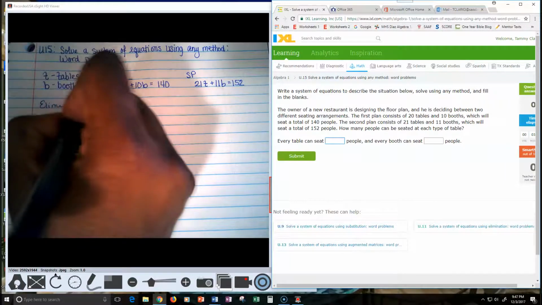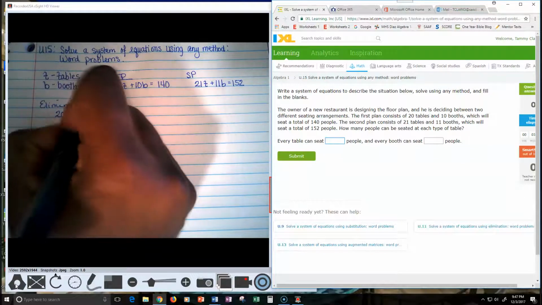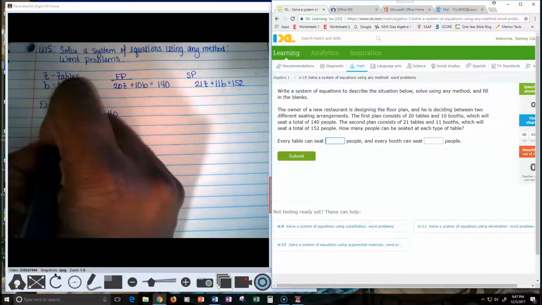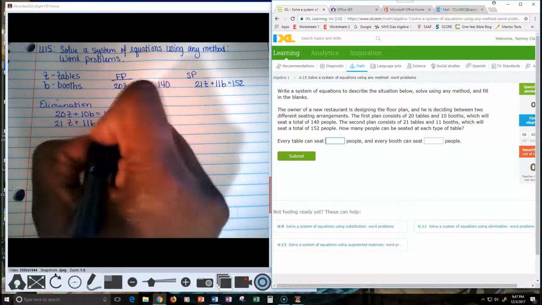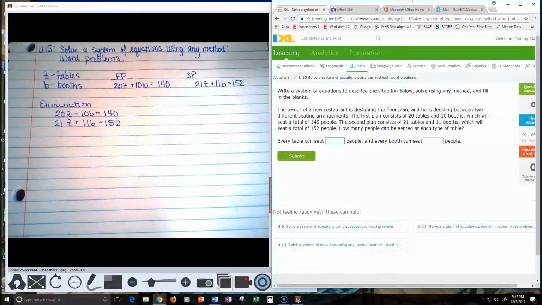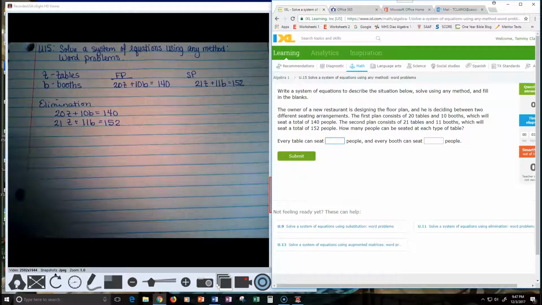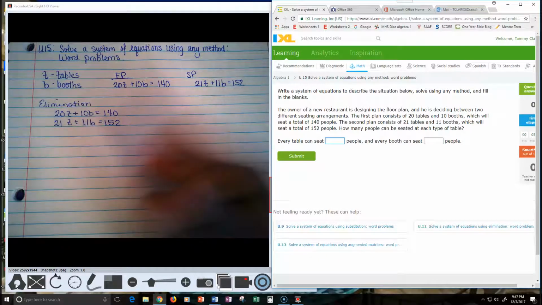And I have 20T plus 10B is equal to 140. And then I've got 21T plus 11B is equal to 152. Now these numbers are going to be pretty big, but that's okay. We can handle it. I think I want to eliminate the B's because it's a lot easier to multiply 10 and 11.